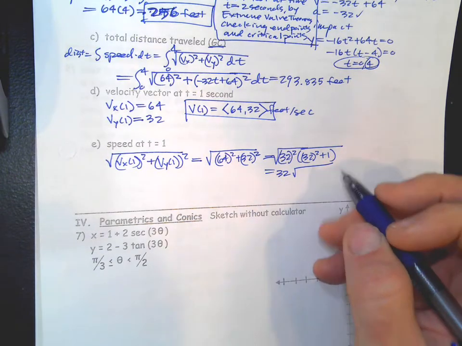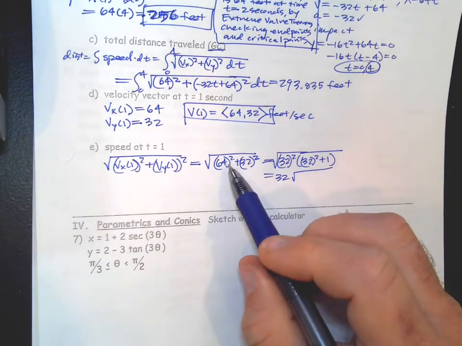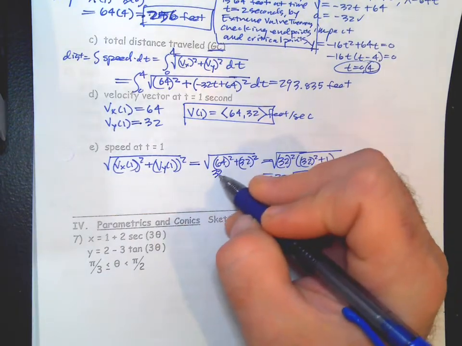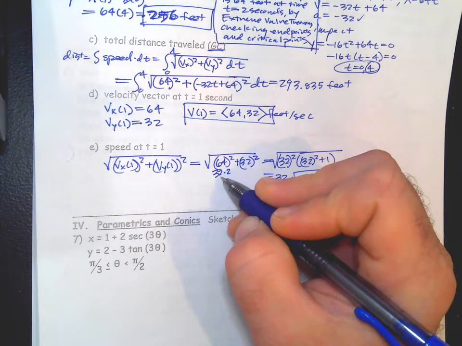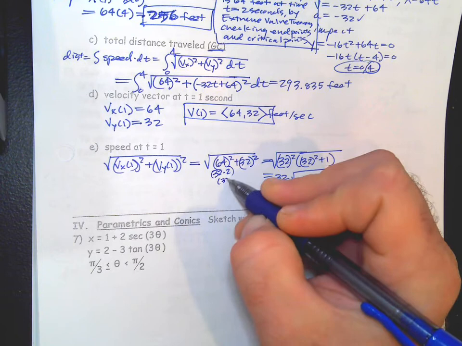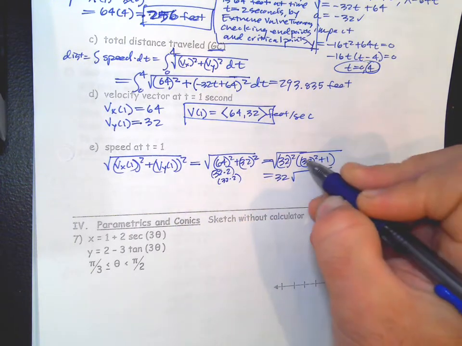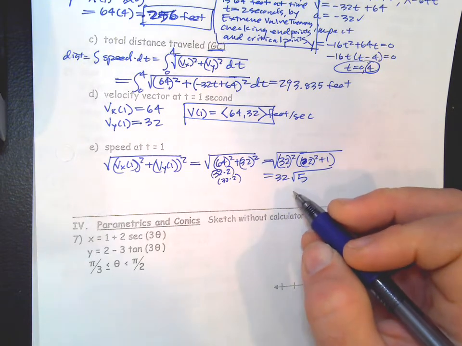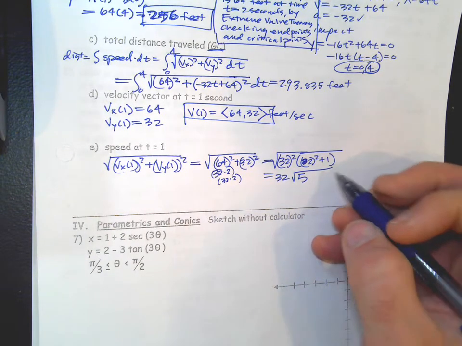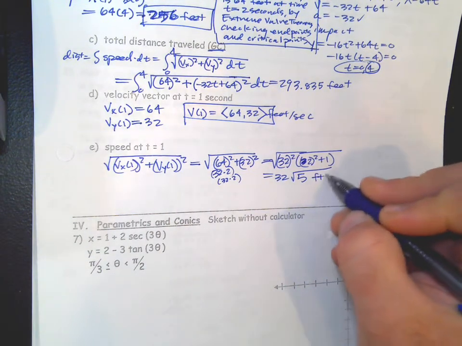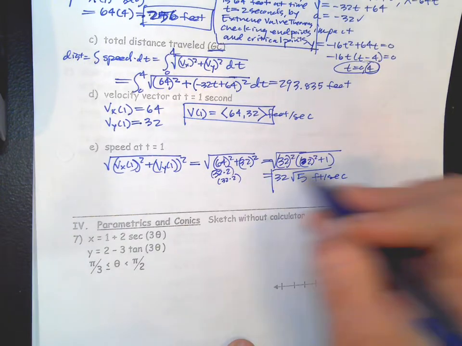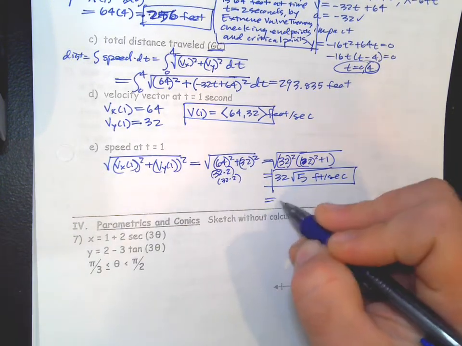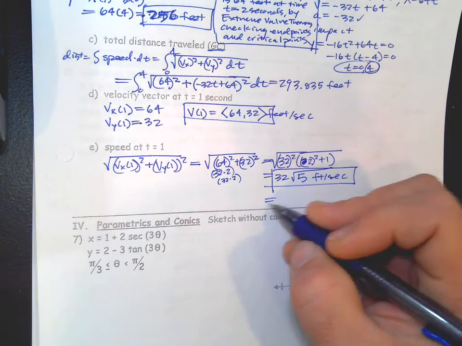Because 64 is 32 times 2, there'd be a 2 squared left over. So this would be it. Your answer exactly would be 32 root 5 feet per second. Otherwise, if I let you use a calculator, you get the decimal for that.